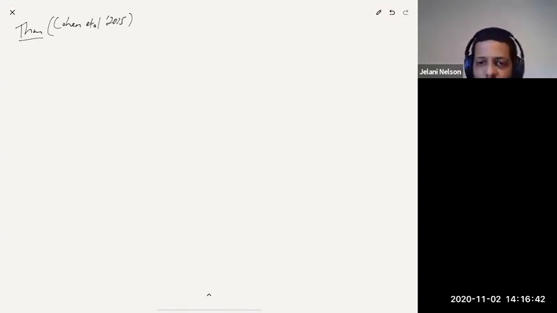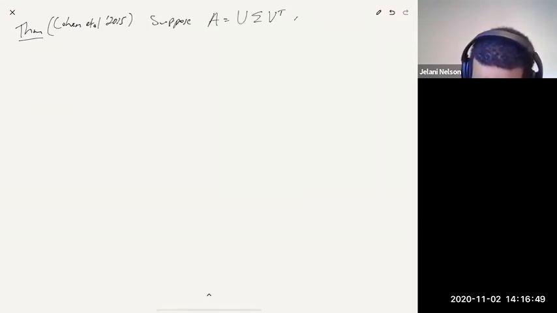So, theorem, and this is due to the paper I mentioned, Cohen et al. 2015. Suppose A is given and it's U sigma V transpose. That's the SVD.